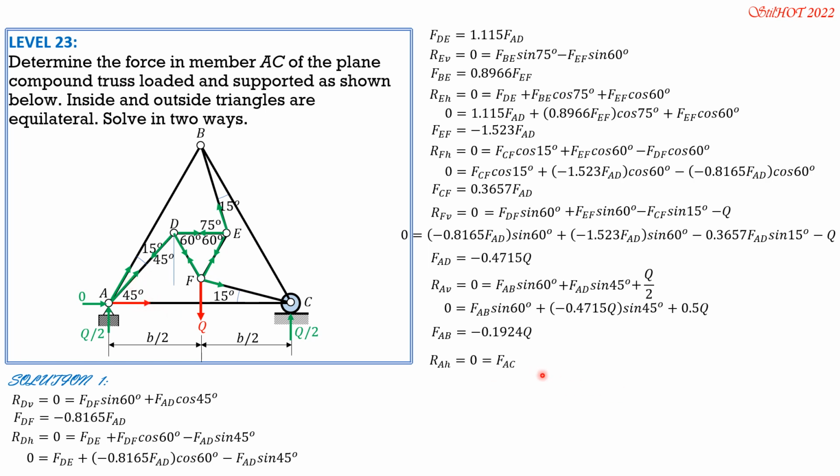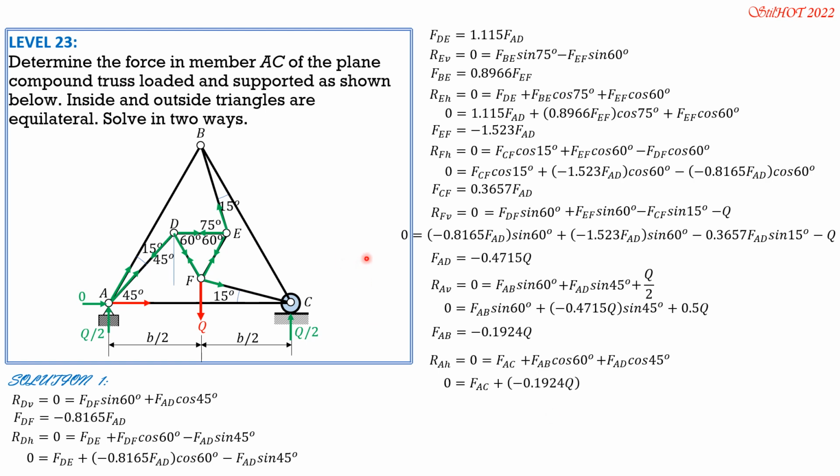Substituting values of FAB and FAD in terms of Q, 0 equals FAC plus quantity negative 0.1924 Q cosine 60 plus FAD quantity negative 0.4715 Q cosine 45. So FAC is positive because when you transpose this to the left, they become positive. So answer, FAC is equal to 0.4296 of Q. So this is the first solution.